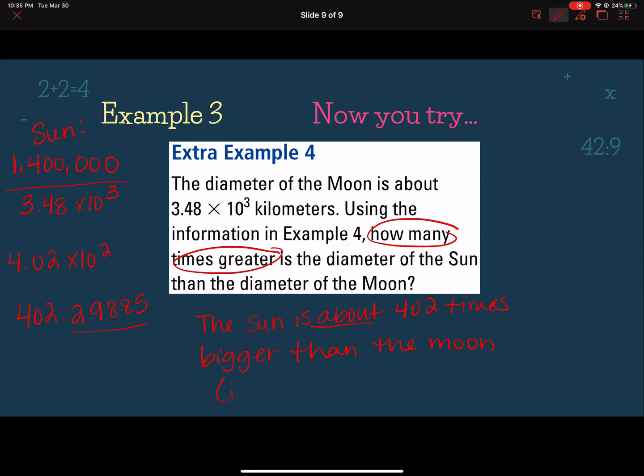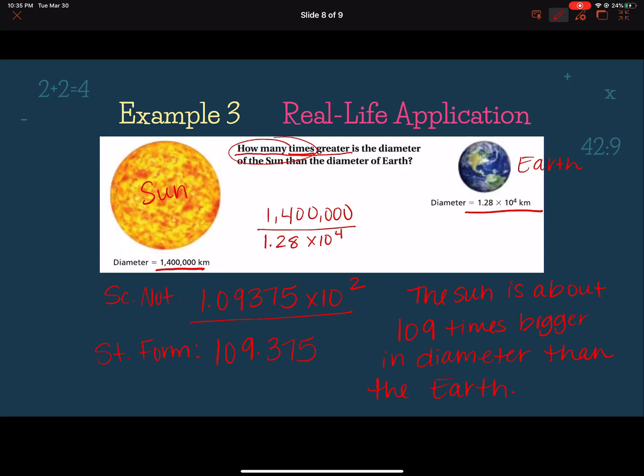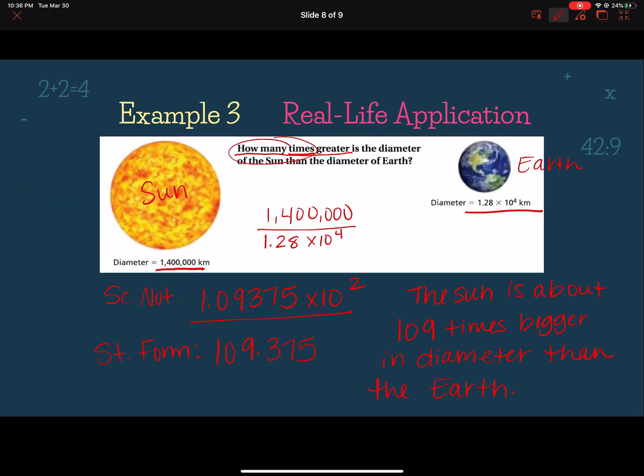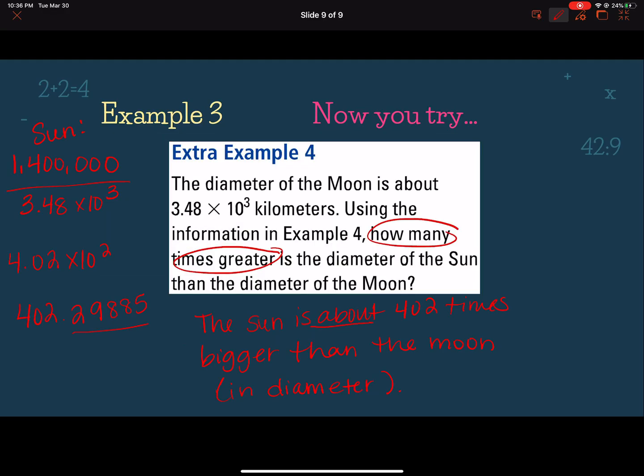And that was in diameter. Okay, so notice that my Earth was 109 times smaller than the sun, and my moon is 402 times smaller than the sun. So that means that my Earth is bigger than the moon, and we know that that's true. So that's a good way to check your answer there.